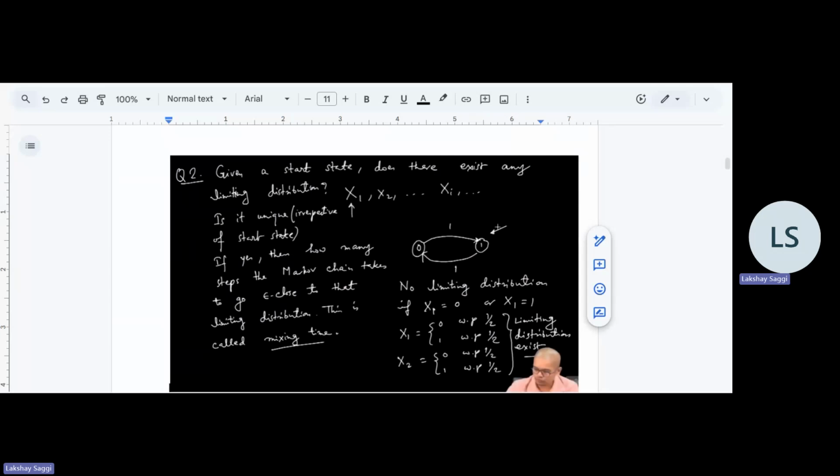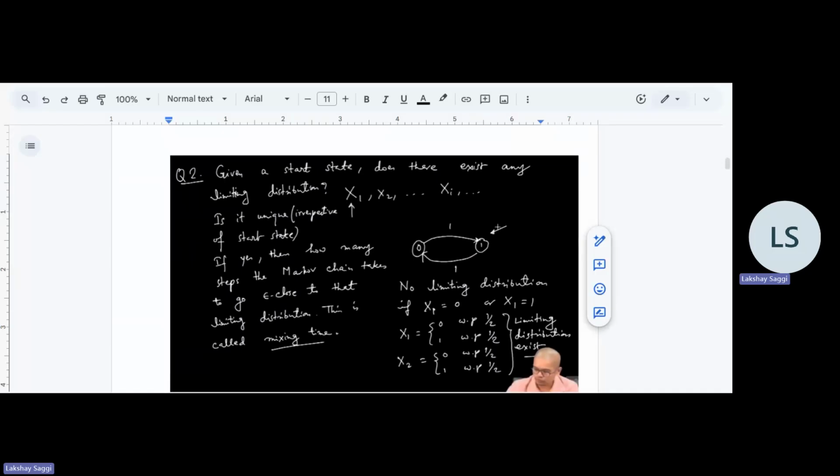Note that it need not even exist, because why should a limit always exist, why does this always have to converge with X1, X2, until Xi? And then the question is, if it exists, is it unique, irrespective of whatever start state we choose?